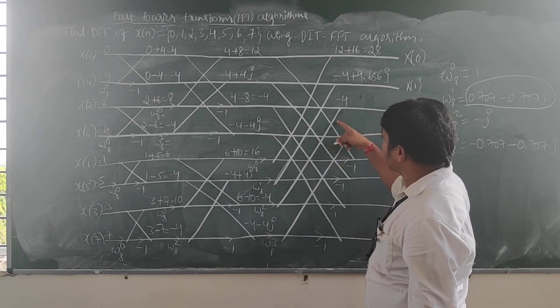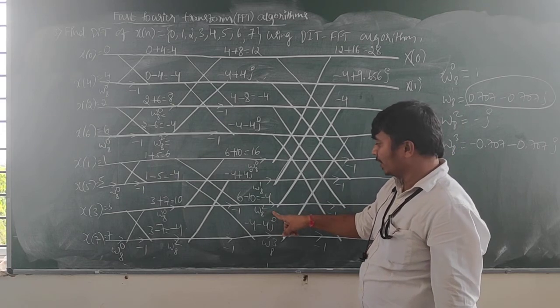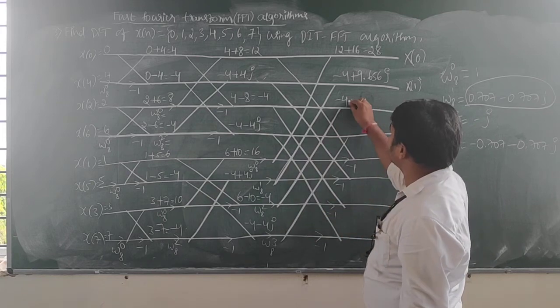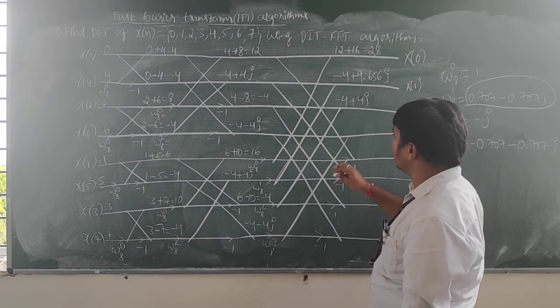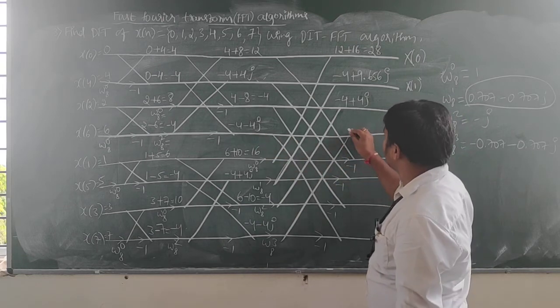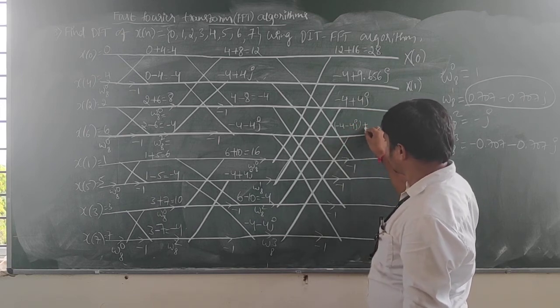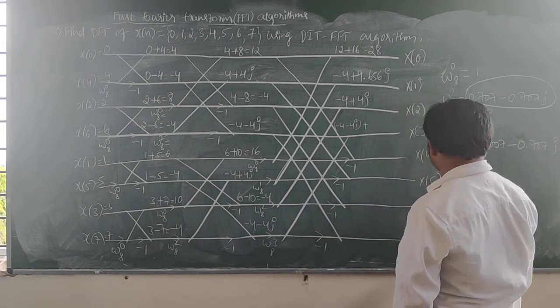Okay, so similarly here minus 4 is coming. And here W8 power 2. W8 power 2 value is minus j. Minus j into minus 4 plus 4j, minus 4 plus 4j. So here minus 4j is coming. Okay, so plus W8 power 3. W8 power 3 value is what?